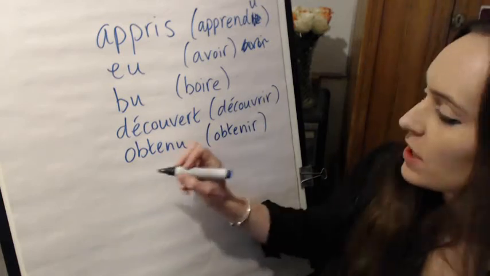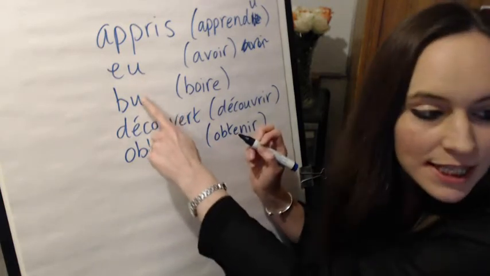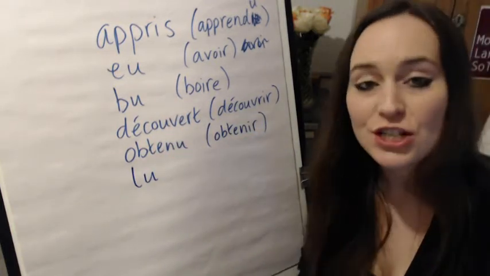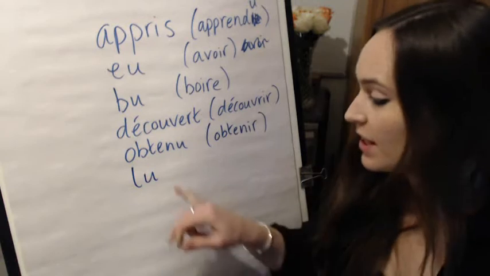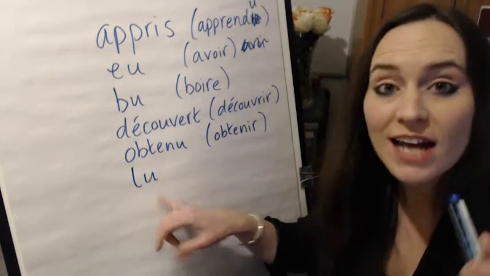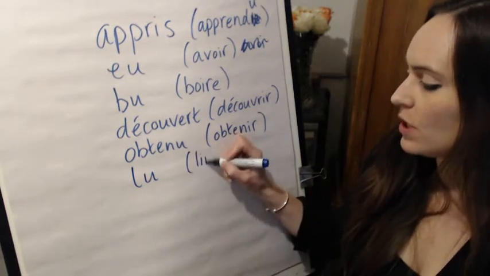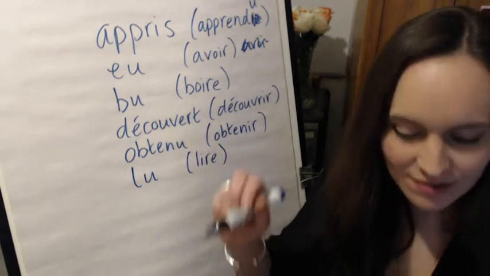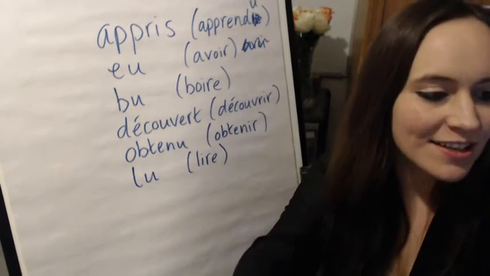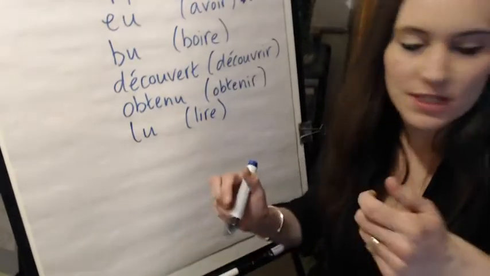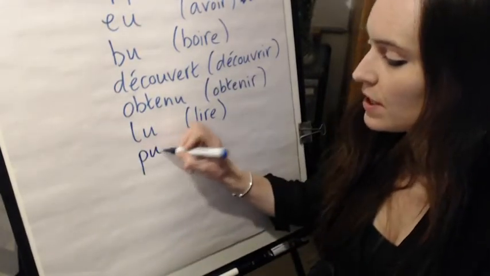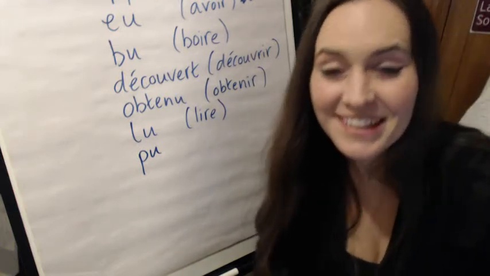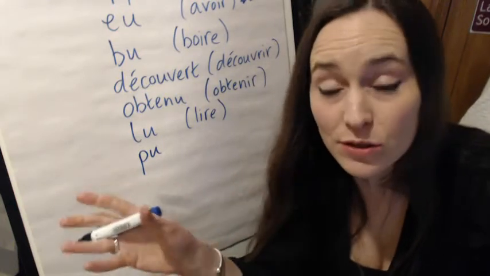Okay, let's have a look. Here are the ones that I mentioned earlier, a bit like these. Par exemple, j'ai lu un livre. I have read, or I read. That's from the verb lire. Next two-letter past participle. J'ai pu. Okay, it's not anything vulgar. J'ai pu faire quelque chose.